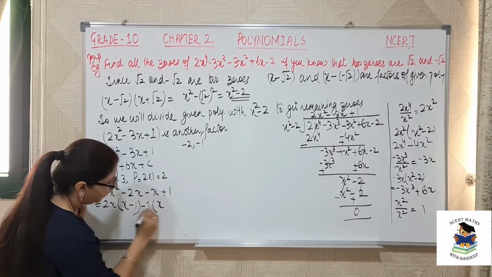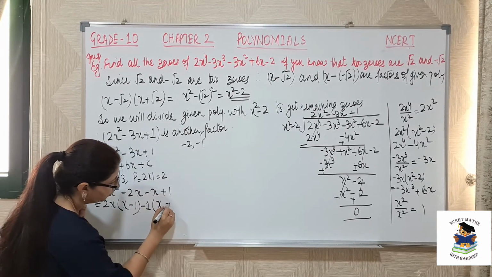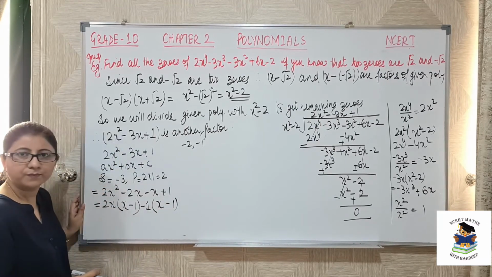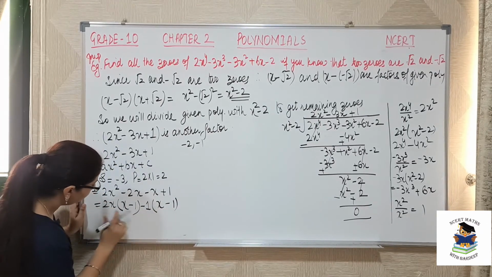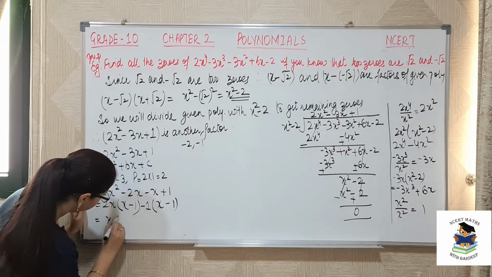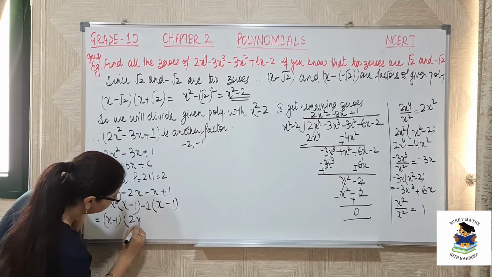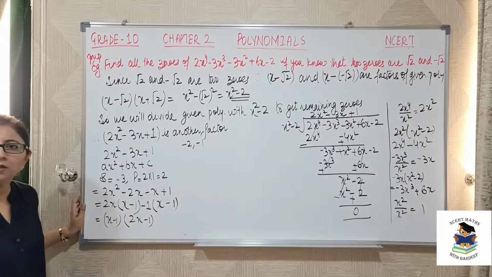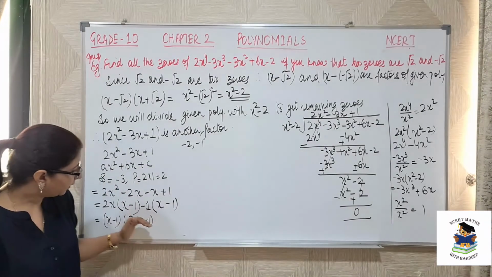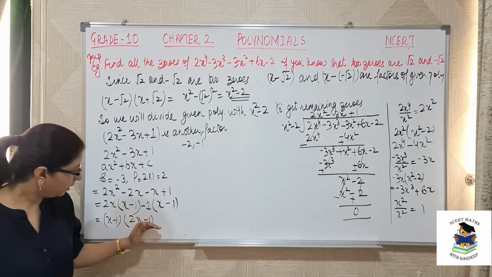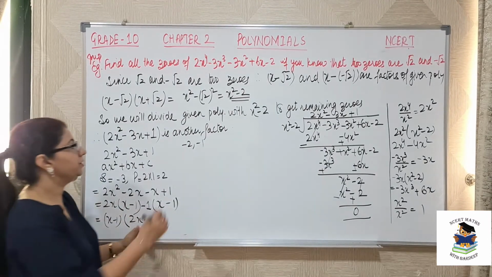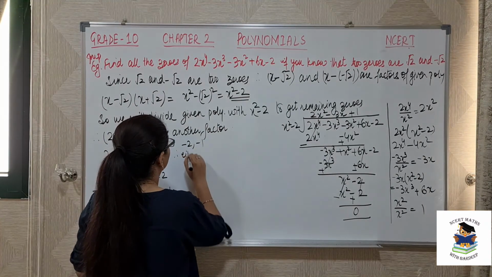So this is x and this plus will be changed to minus with this thing. Okay. So now x minus 1 is a common factor. And then 2x minus 1 is the second factor. Okay. So in order to factorize, we will say either this is equal to 0 or this is equal to 0.